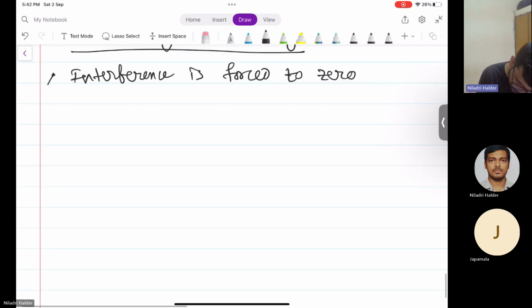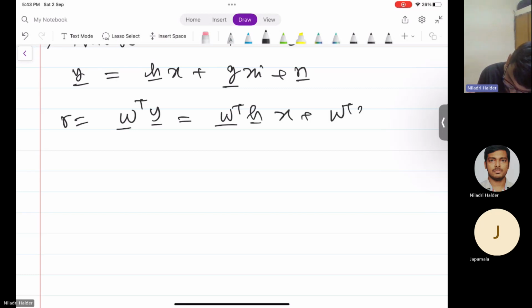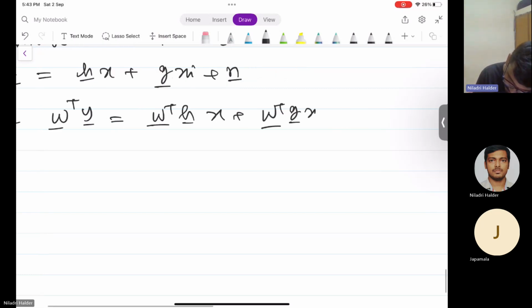Okay. So y equals h x plus g xi plus n. Then r is equal to w transpose y, which equals w transpose h x plus w transpose g xi plus w transpose n.